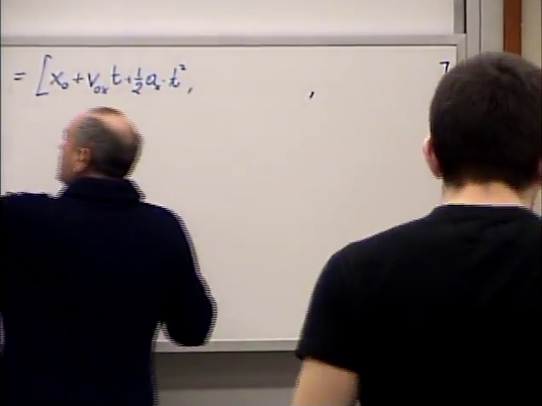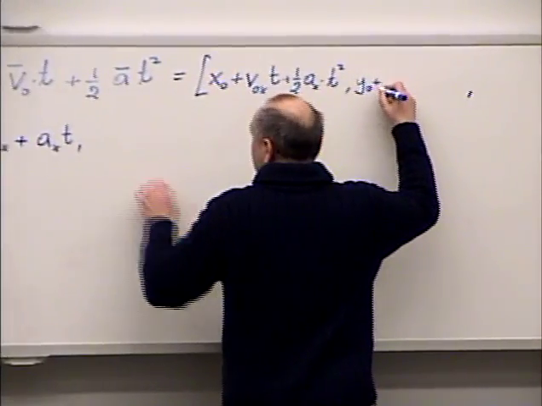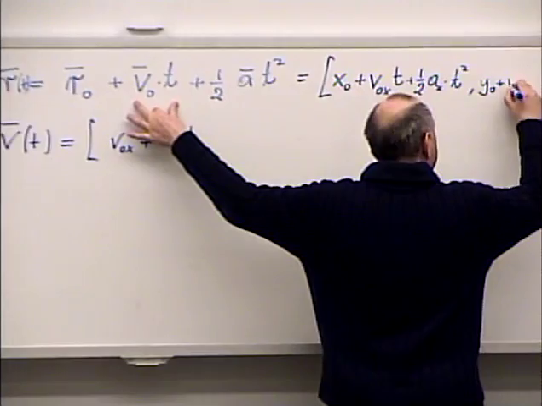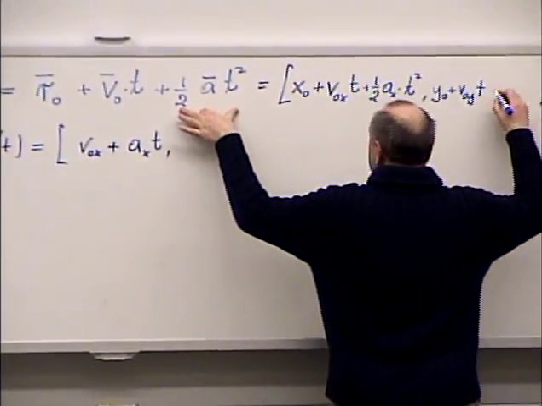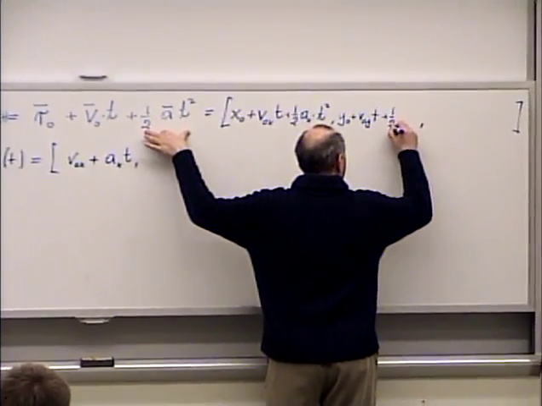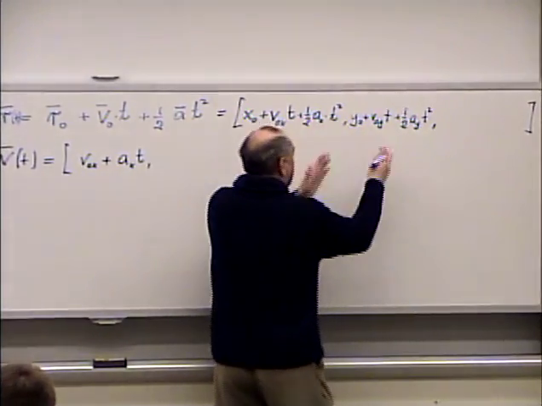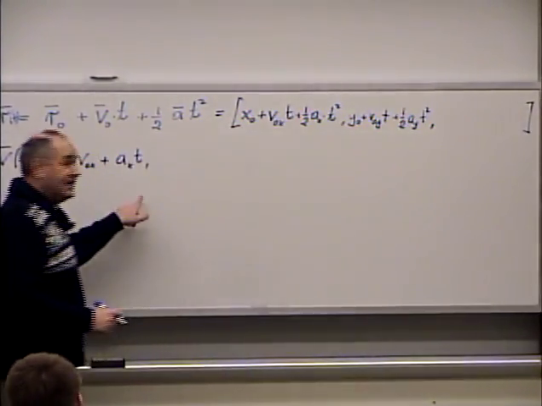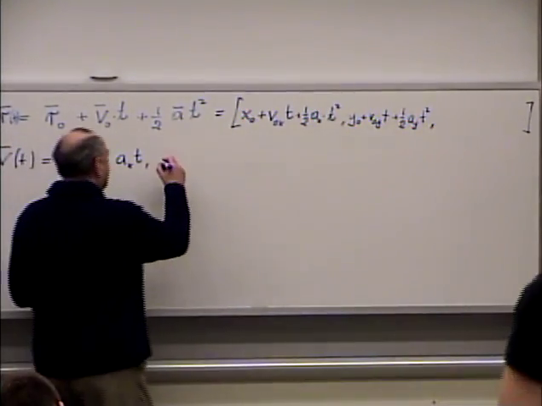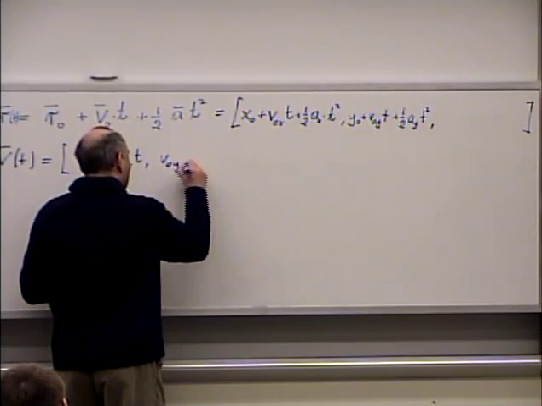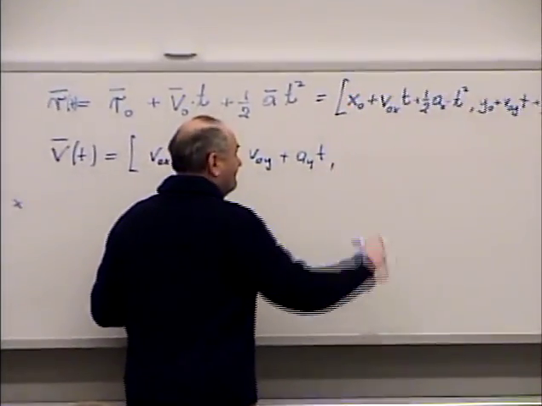So I have to take the second component of the first vector plus the second component of the second vector plus the second component of the third vector. Why don't we find the derivative of this function quickly? v0y plus ayt. All right.